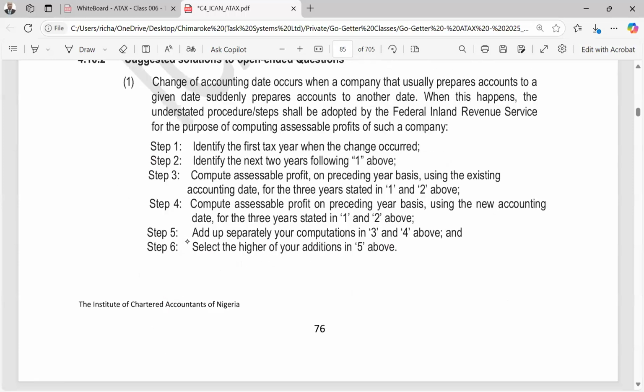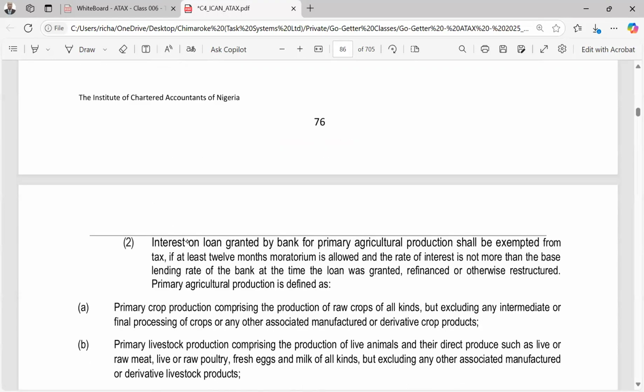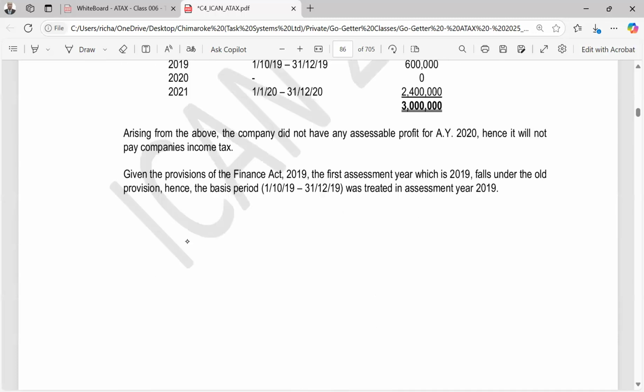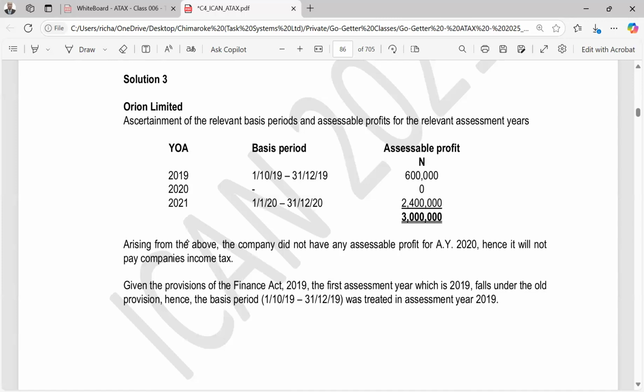Let's see how it was answered here. So you see here, because it started business in 2019, it is not in 2020 year of assessment.